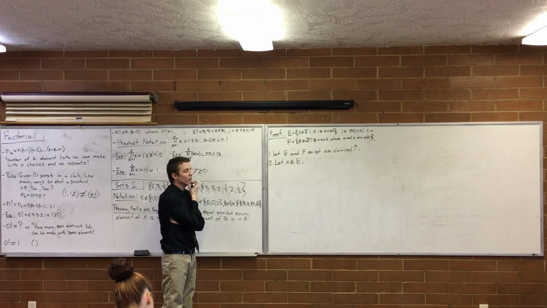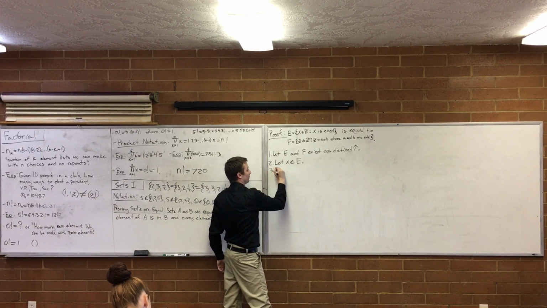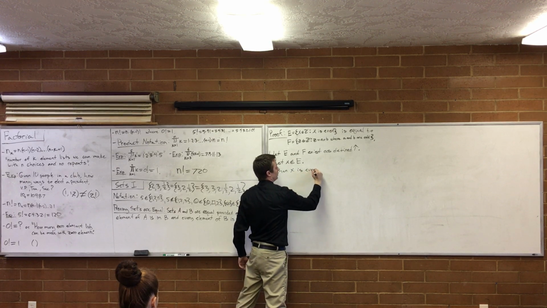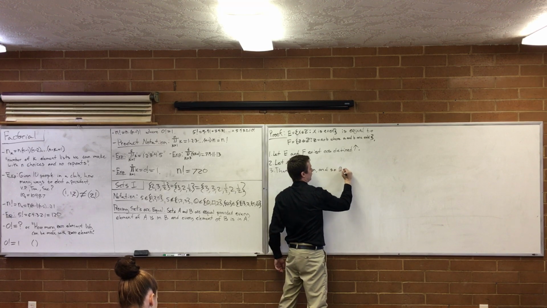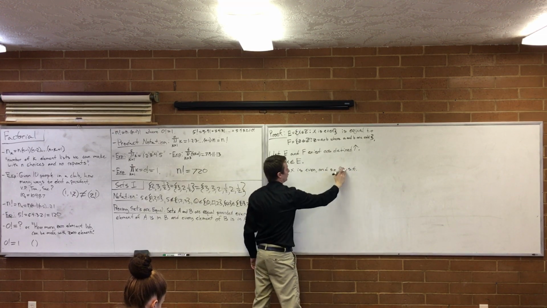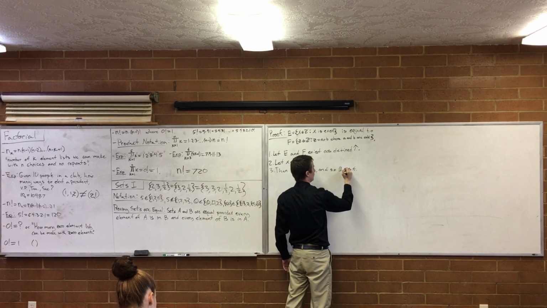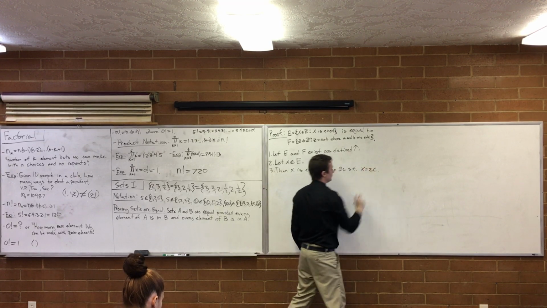If x is in E, what do we know about x? It's an integer. It's an even integer. Then x is even. And so there exists some, maybe we won't use a because that's what we use here, there exists some c such that x is equal to 2c.